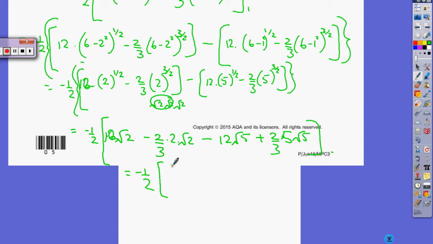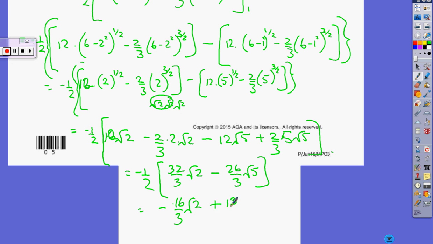Ends up giving you, I can't remember, 32 over 3 root 2, and minus 12 over, where is it? You end up with minus 26 over 3 root 5 times by minus a half gives you minus 16 over 3 root 2 plus 13 over 3 root 5.